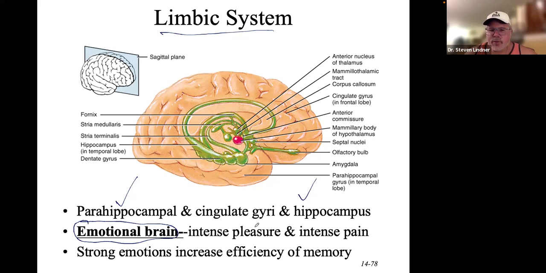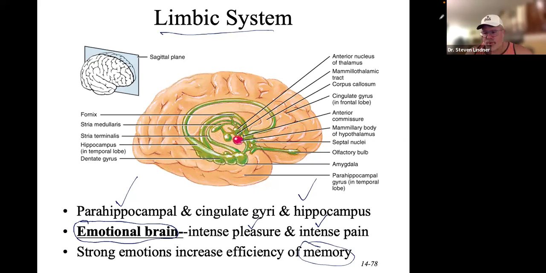It's involved with intense pleasure, it's associated with intense pain. The stronger the sense of pleasure, the stronger the sense of pain, the stronger the emotion, the more effective and stronger the memory is going to be. Okay, strong emotions are going to increase the memory.